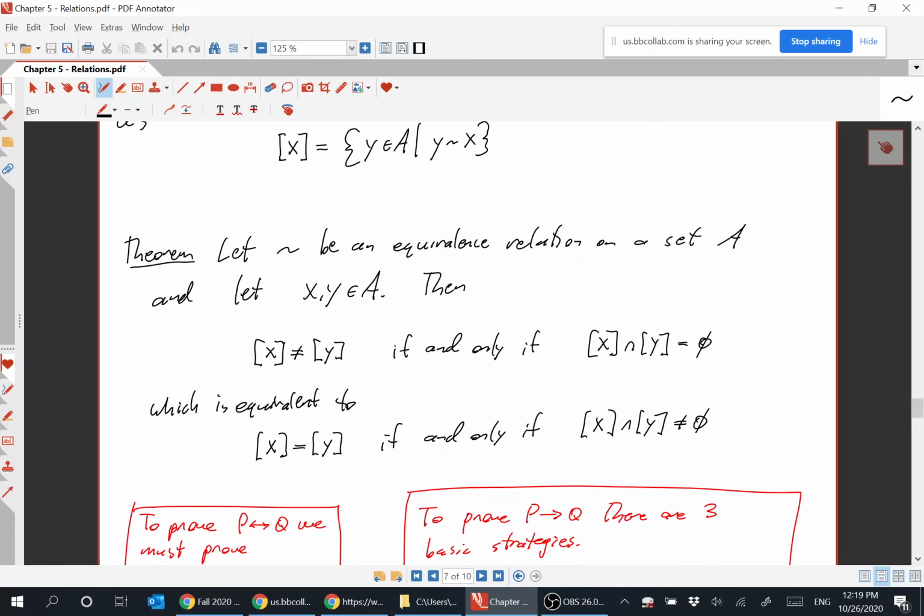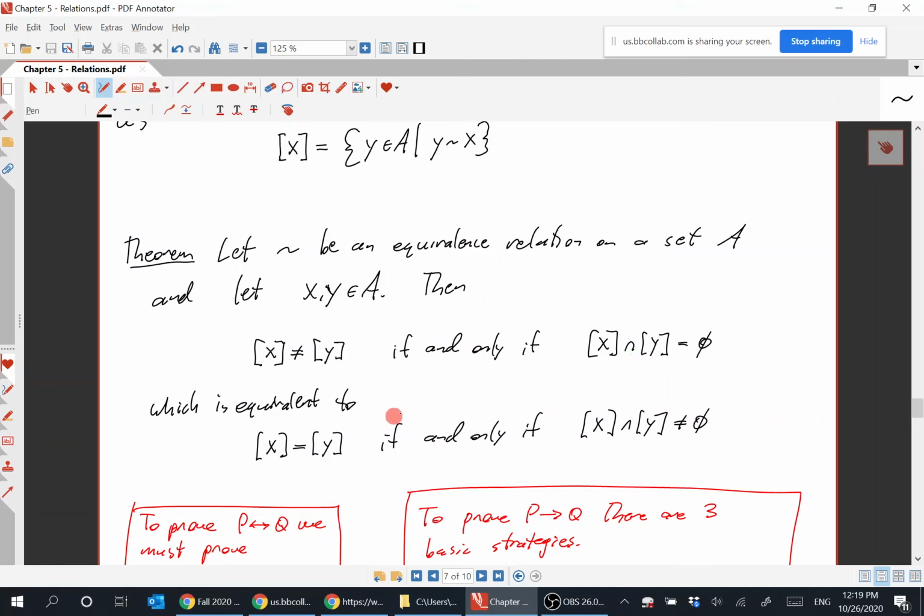Then we proved the following theorem, which is the main theorem about equivalence relations. Let twiddle be an equivalence relation on a set A, and let X and Y be elements of A. Then the equivalence class of X is not the same as the equivalence class of Y if and only if they're disjoint.